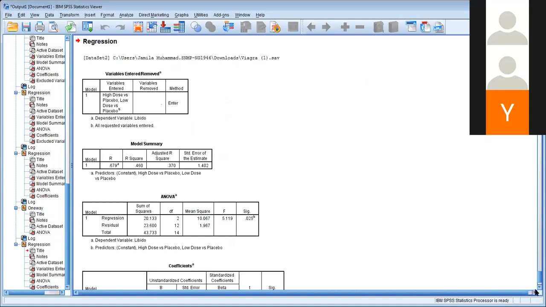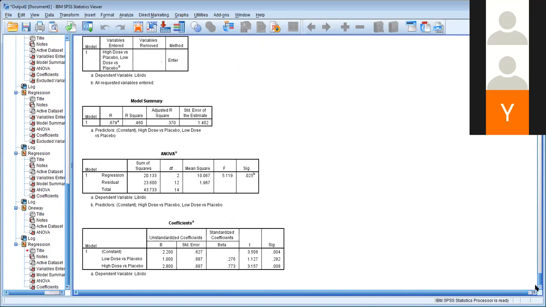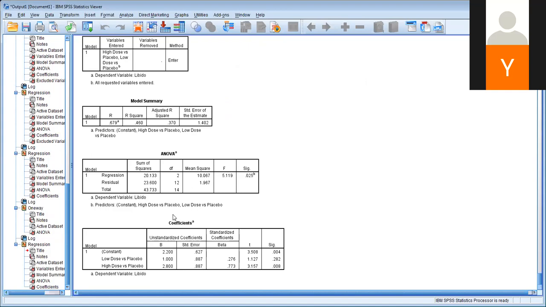So look at the ANOVA table. Is it not the same thing? It's the same ANOVA. Sum of squares, look at everything, the F, it's all the same. The only difference is that here they wrote regression, there they wrote between groups; here residual, there within groups. That's the only difference.